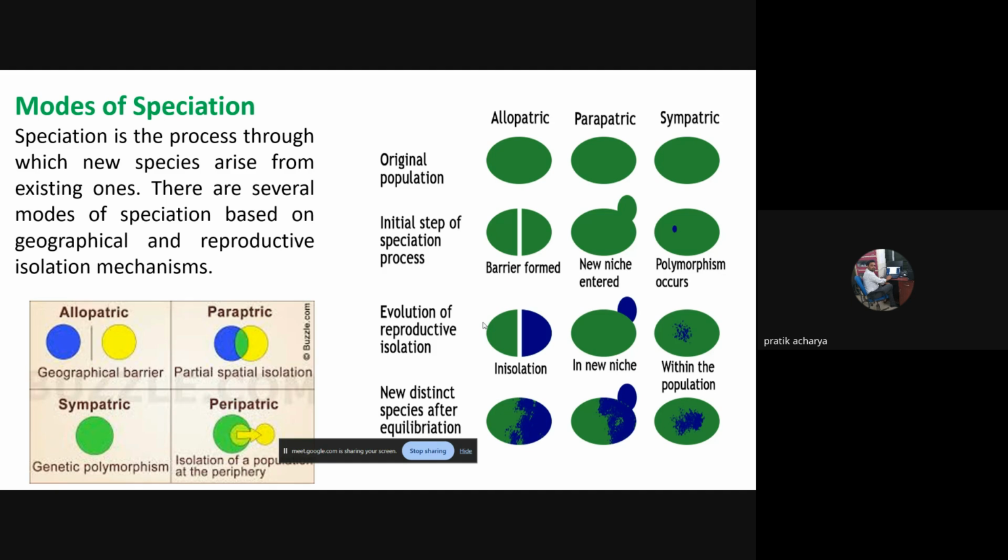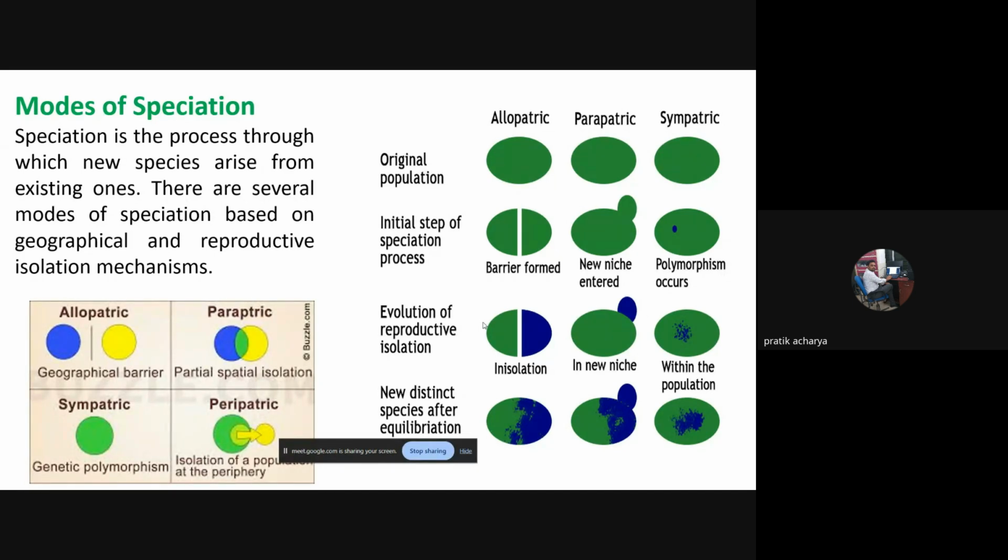Okay. So these are different modes of speciation. Here, speciation is defined as the process through which new species arise from existing ones. New species arising from existing ones is known as speciation.